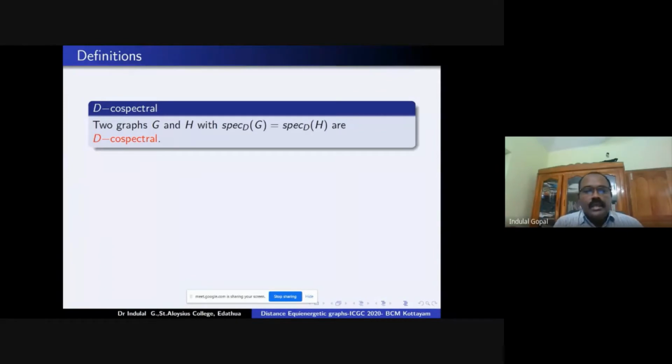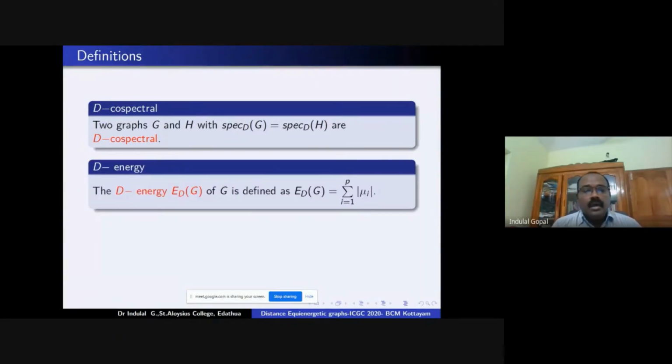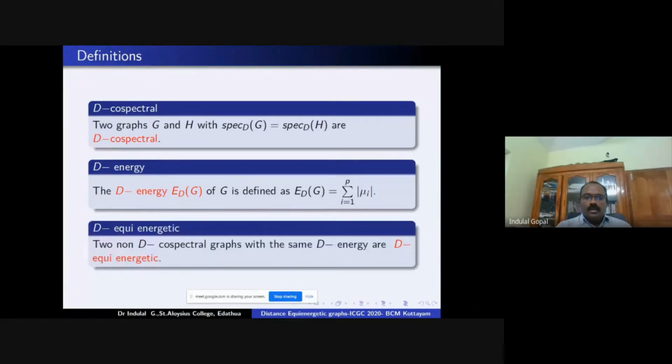Two graphs G and H with identical distance spectrum are called D-cospectral. The distance energy of G is defined as the sum of the absolute values of the distance eigenvalues. So in fact, D-cospectral graphs have the same distance energy. And two non-D-cospectral graphs with the same distance energy are called D-equi-energetic.